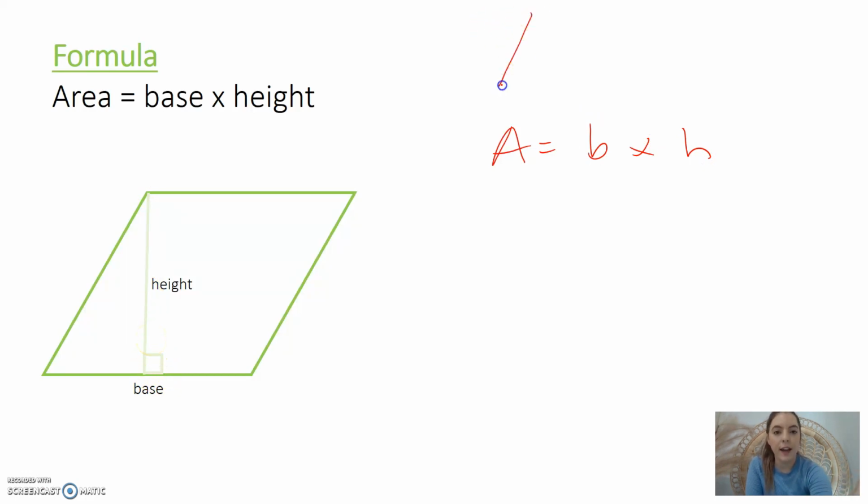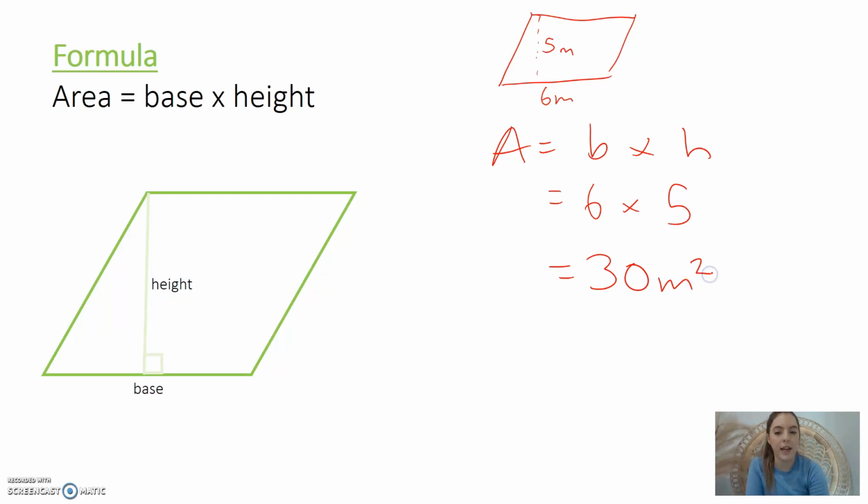So if we had our parallelogram and it looked like this, and our height was 5 and our base was 6 meters, we would simply do base 6 times height, which is 5. So our answer would be 30 meters squared.